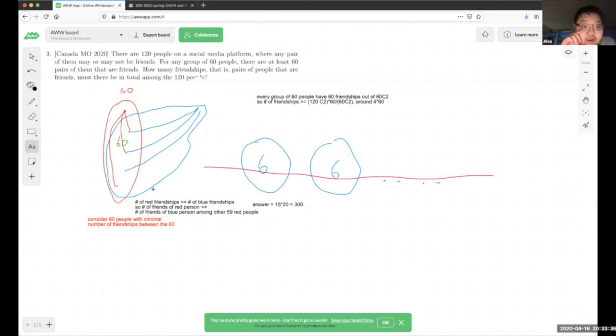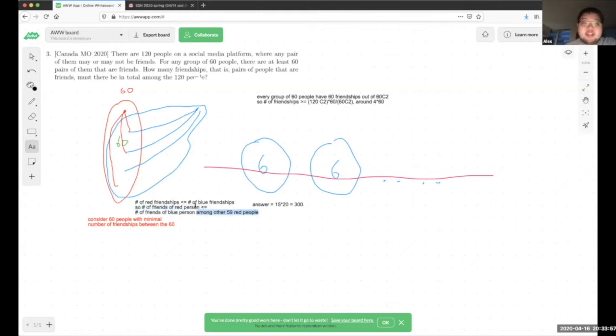So now what? Here you're saying this is true for every red person and every blue person, no matter which blue person we choose. But this inequality is a bit awkward if you try to change the red person, because if the red person changes, then these other 59 red people also change.